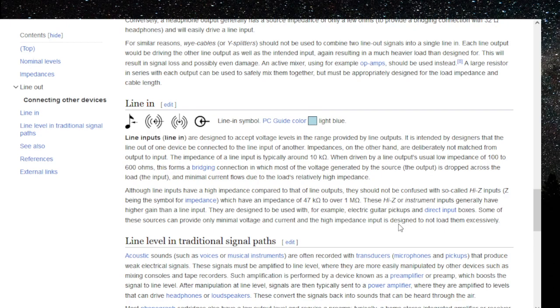But that's considered a line input, though. Where's my flashlight? Usually that's a microphone input. No, it says line right on there. They're all line inputs, those RCA jacks.